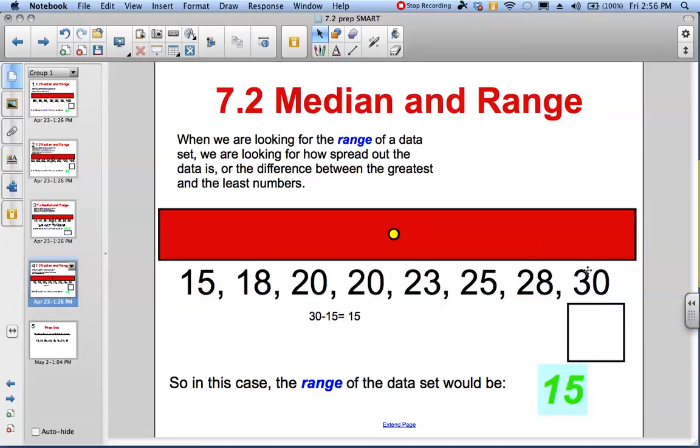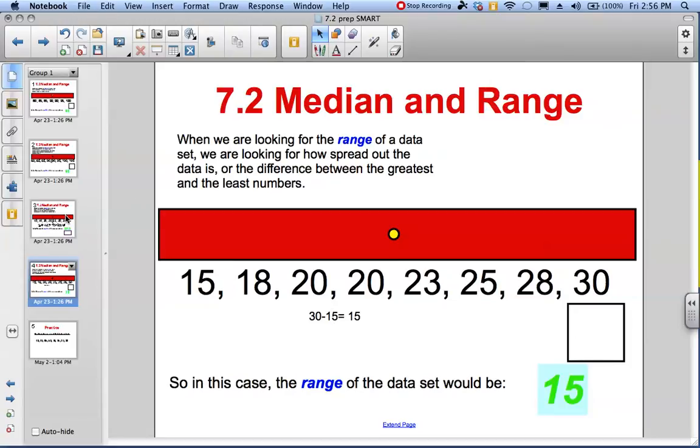The difference between the first number and the last number, right? So if we started at 30 and counted backwards until we got to the last number in our data set, 29, 28, 27, 26, 25, 24, 23, onward all the way down to 15, 30 minus 15 equals 15.